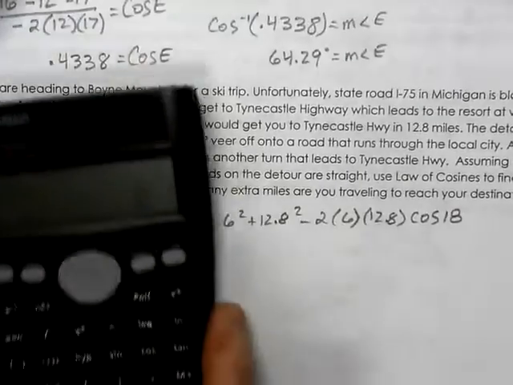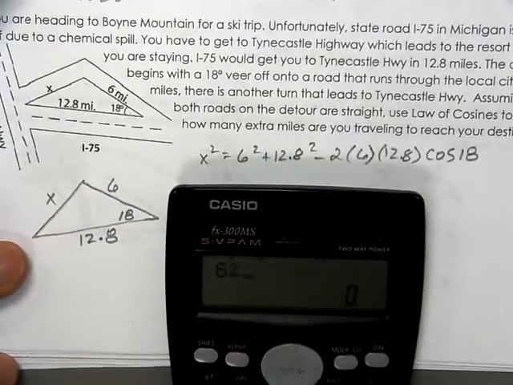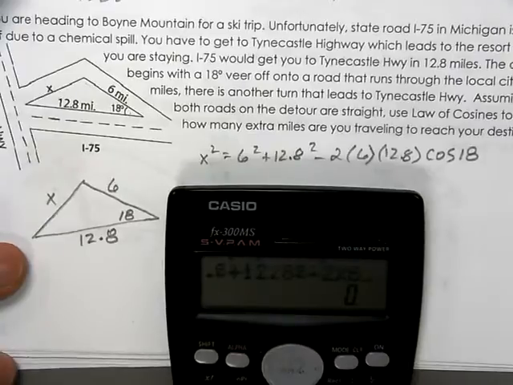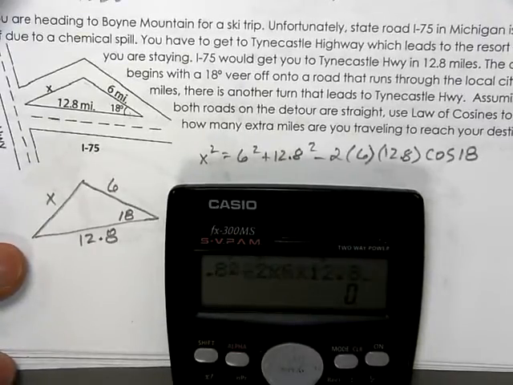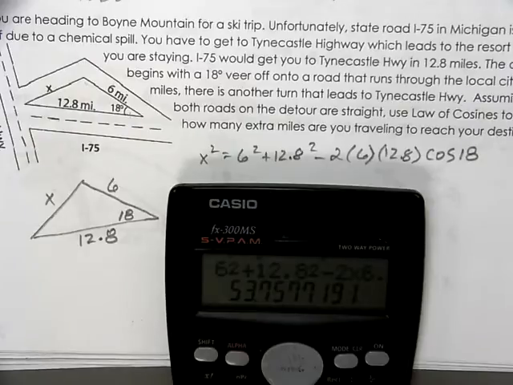We would take our calculator and say 6 squared plus 12.8 squared minus 2 times 6 times 12.8 times the cosine of 18. That comes out to be 53.75.